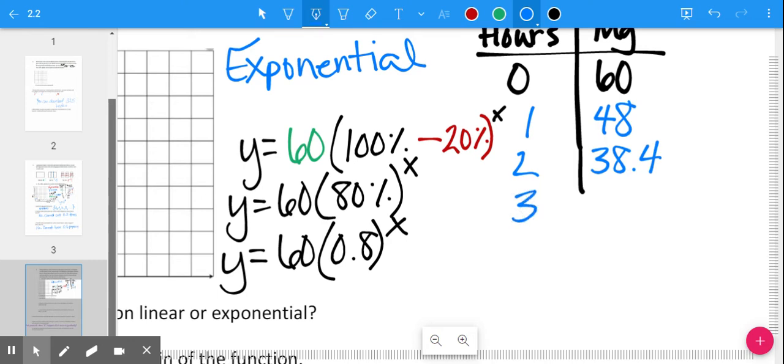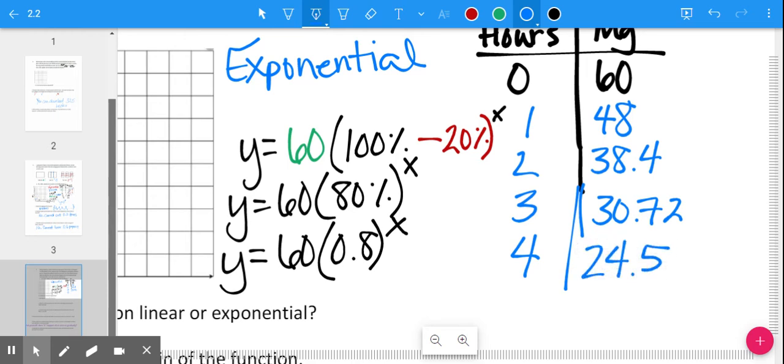After 3 hours, the dog has 30.72 milligrams of that medicine left in its system. And in 4 hours, we're at 24.576 milligrams of medicine. The next thing we need to do is decide, is this continuous or discrete?